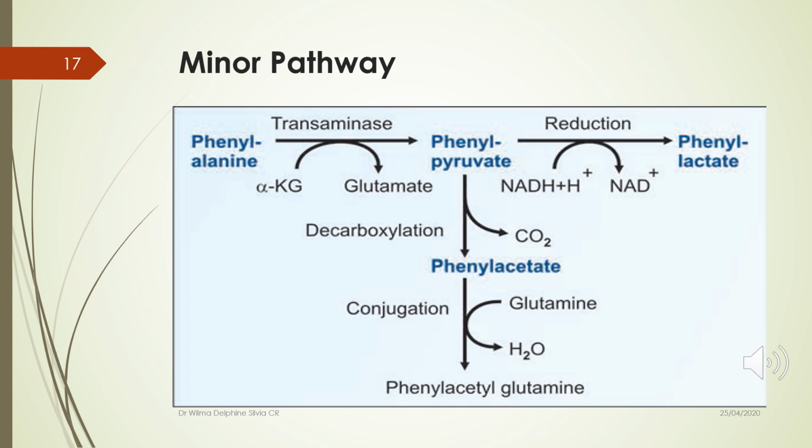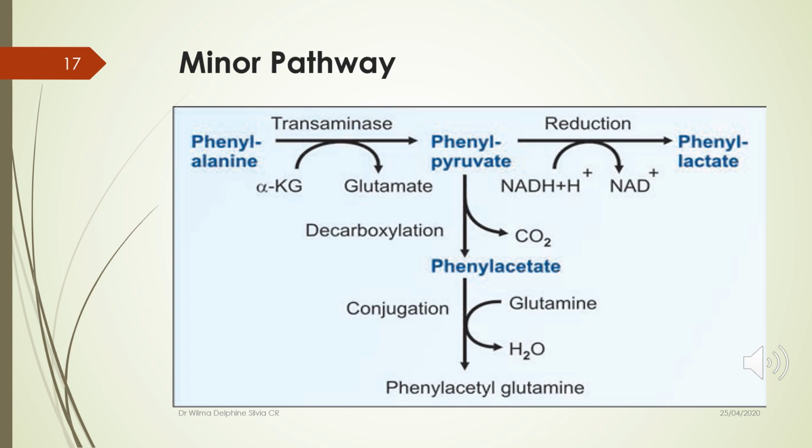So phenylalanine gets converted into phenylpyruvate by a transamination reaction, for which alpha ketoglutarate and the pyridoxal phosphate transaminase enzyme are required. This phenylpyruvate is excreted in the urine and accounts for the name phenylketonuria.